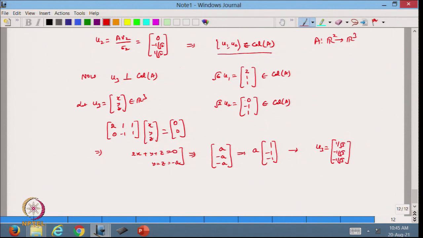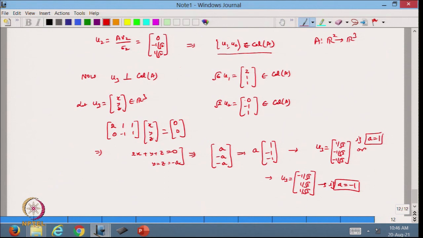Or I can choose A equal to -1, so I can also choose u3 as (-1/root 3, 1/root 3, 1/root 3). You can choose either one as u3: it equals the first if A is 1, and the second if A is -1.